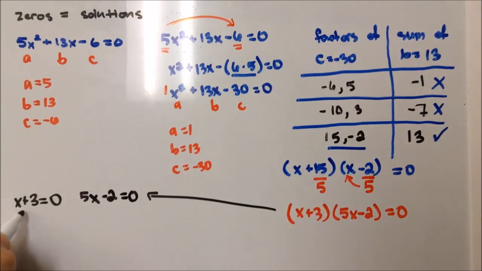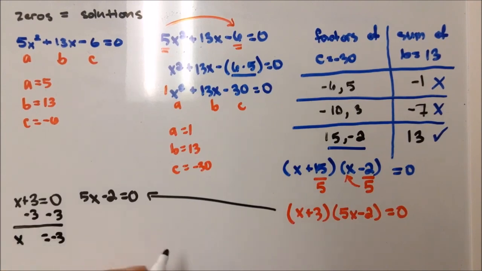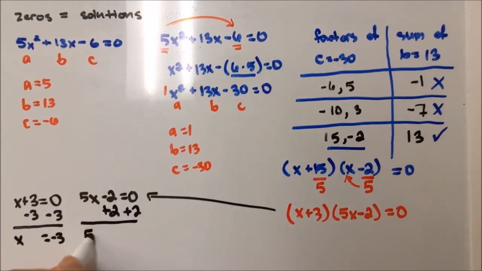So here I'm going to cancel out the 3 by subtracting 3 on both sides. X equals negative 3. Done with that one. Now over here, we're going to cancel out the 2 by adding 2 to both sides. So 5x equals 2.